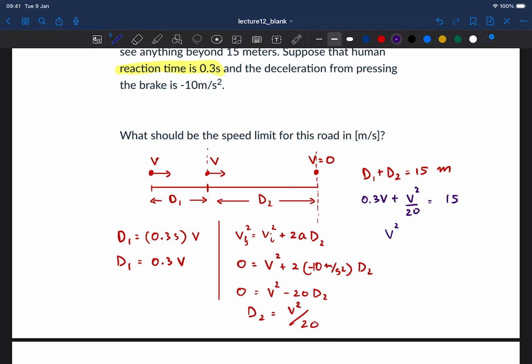So just multiply 20 throughout the equation, and that's going to be minus 300 maybe, like this. So v is another quadratic equation by this.